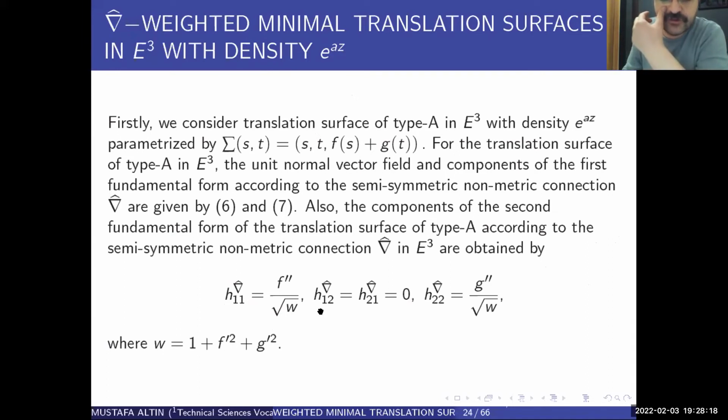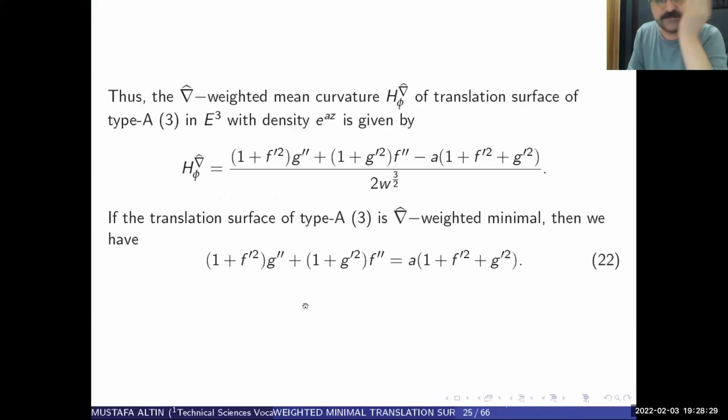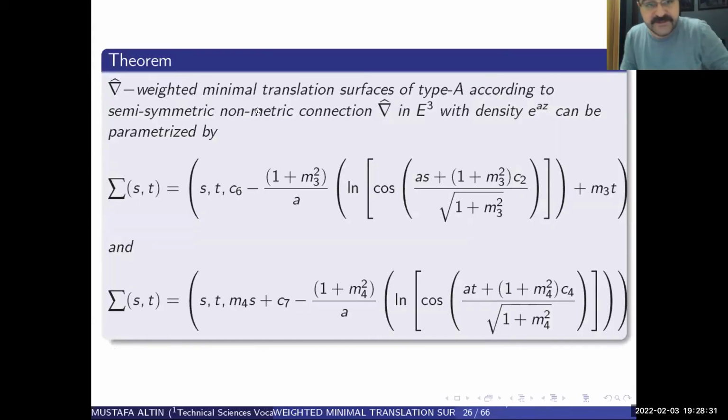Now I want to show our theorems for translation surfaces according to the semi-symmetric non-metric connection in Euclidean three-space with density e^{az}. A weighted minimal translation surface of type A according to the semi-symmetric non-metric connection in Euclidean three-space with density e^{az} can be parameterized by this surface or this surface.